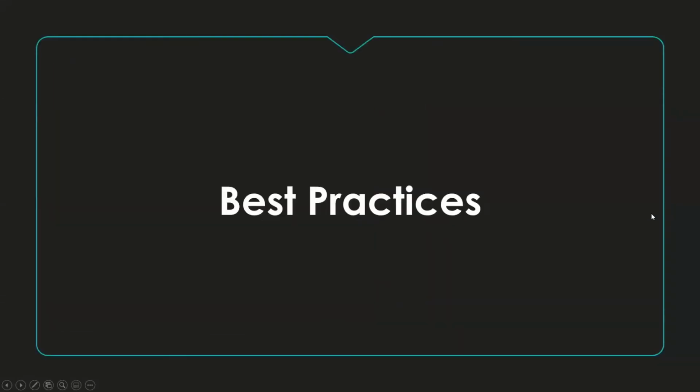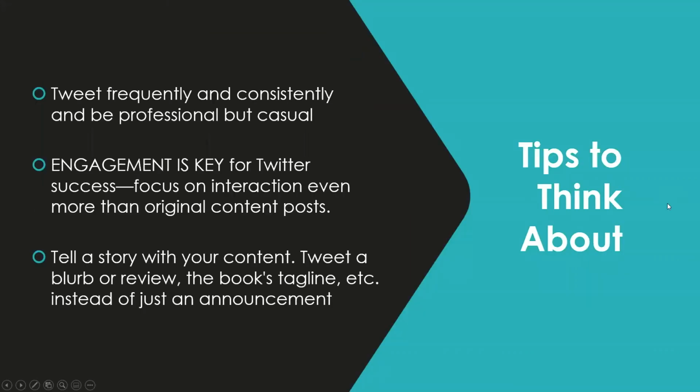So now we're moving on to some best practices as far as Twitter goes. Some things to think about. Make sure that you tweet frequently and consistently, and you are professional but casual. I know that is the advice I tend to give, but it's especially important with Twitter because Twitter is very casual, it's very conversational.